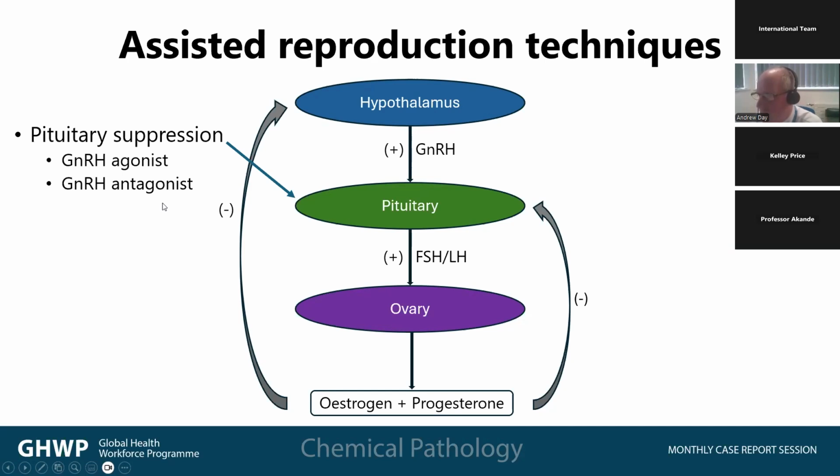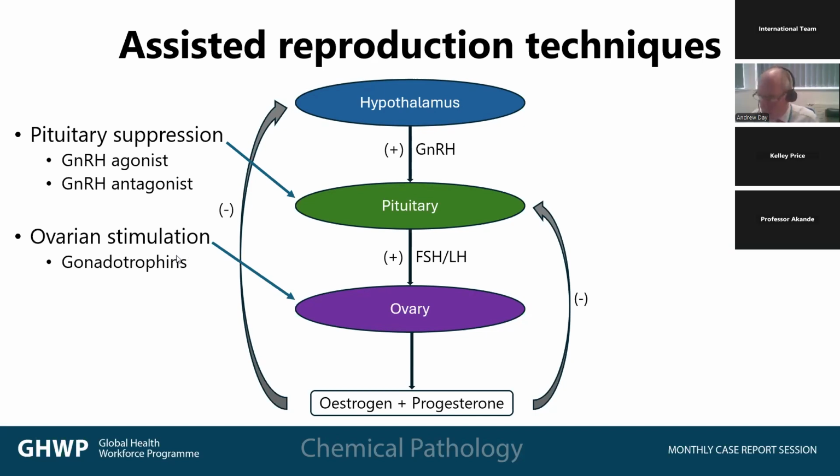After that's in place, ovarian stimulation over a period of days, 10 days or so, with a daily injection of subcutaneous gonadotrophins to stimulate those primordial follicles to develop, with regular ultrasound monitoring, and sometimes monitoring of LH and estradiol as well to monitor the function of the pituitary and of those developing follicles.